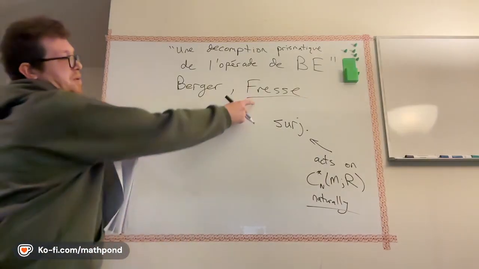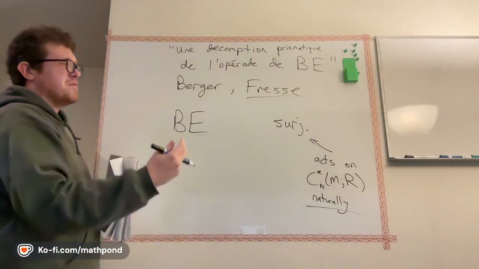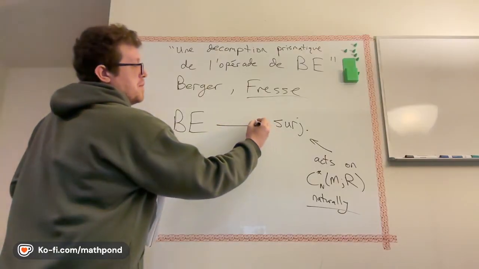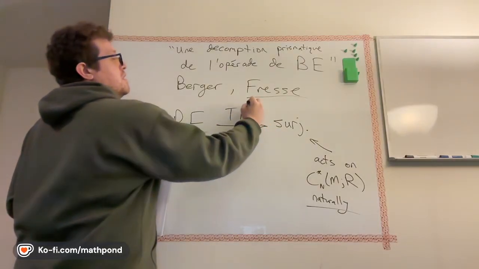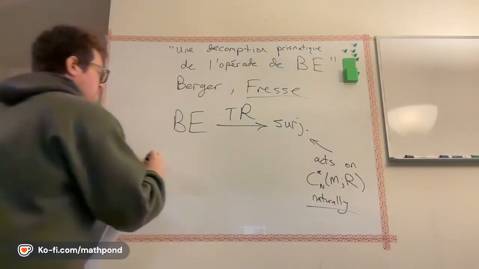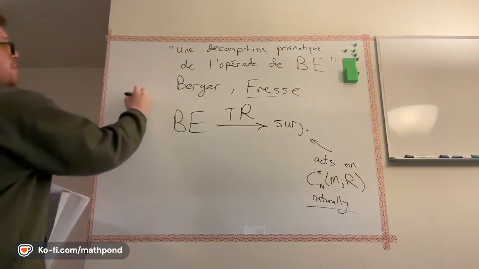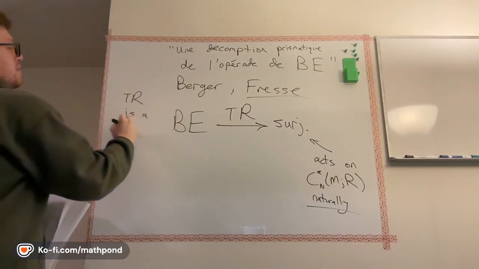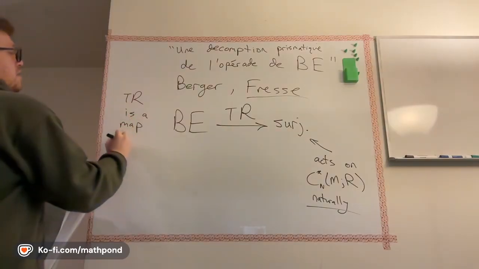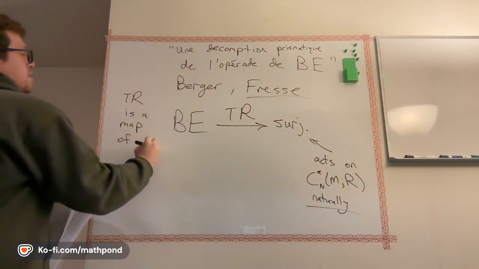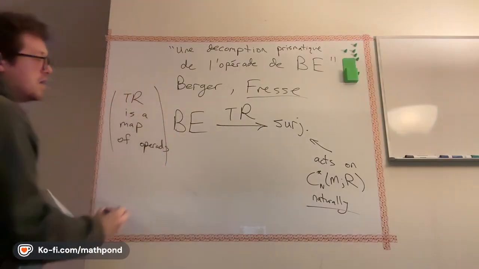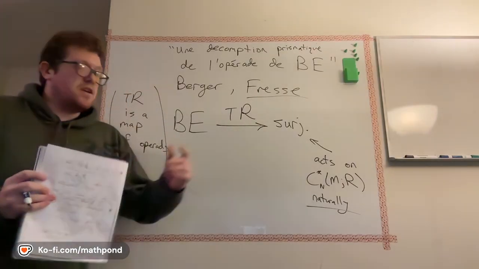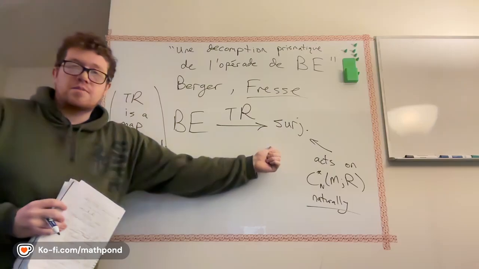And in this paper, actually, I don't think they first define it, but they go into it more. There's this operadic map, which is called table reduction. And it's important here that table reduction is a map of operads. Meaning, like, you have a map of linear algebra spaces, right?